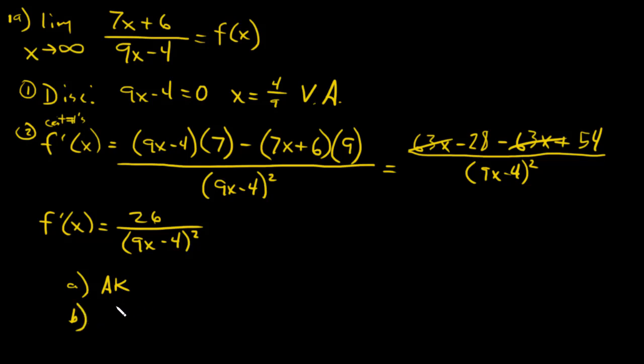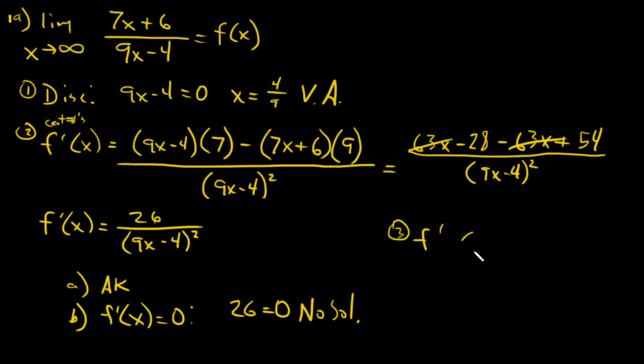And then part B, f prime of x equals 0 implies that 26 equals 0. No solution. There are no critical numbers here. Okay, so if there are no critical numbers, what about my f prime chart? Well, there are no f prime of x equals 0, so I don't have to worry about that. So I am going to skip that.